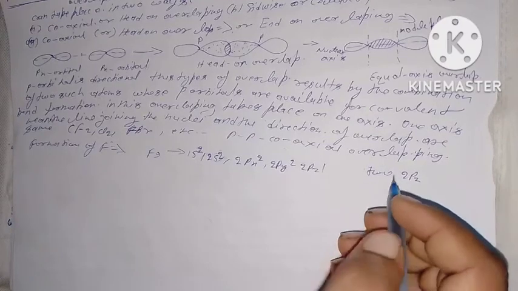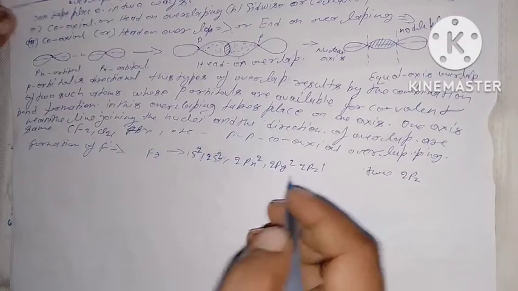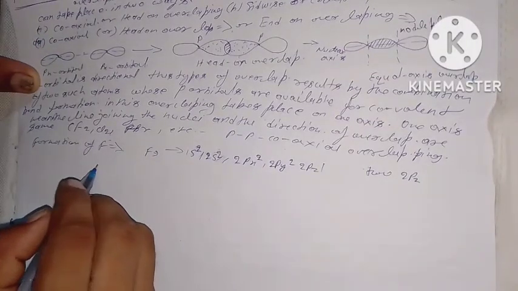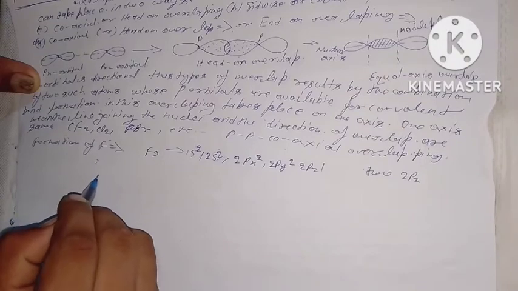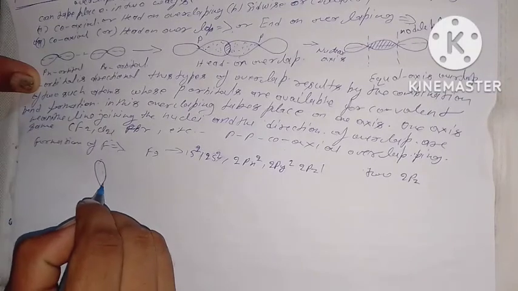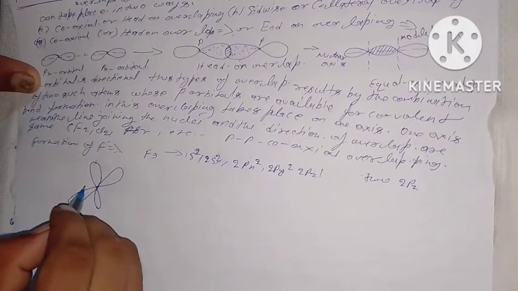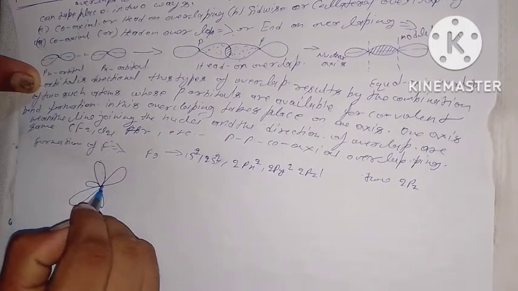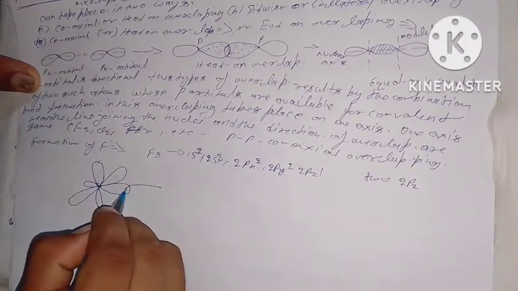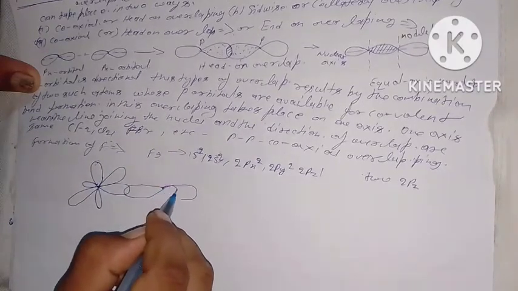The coaxial overlap of pp orbitals in the F2 molecule is shown in the figure like this.